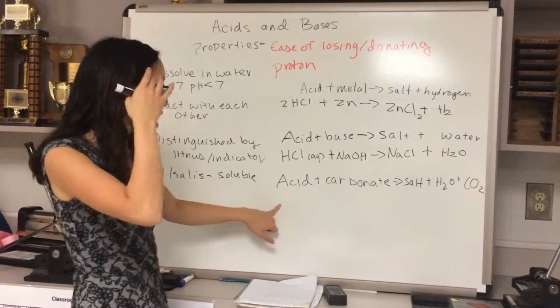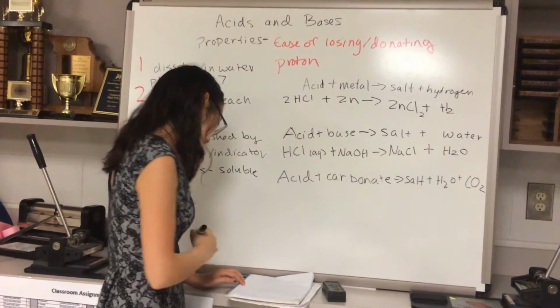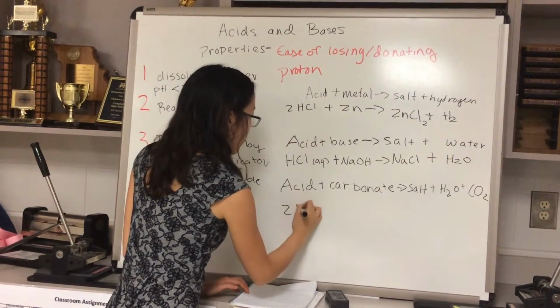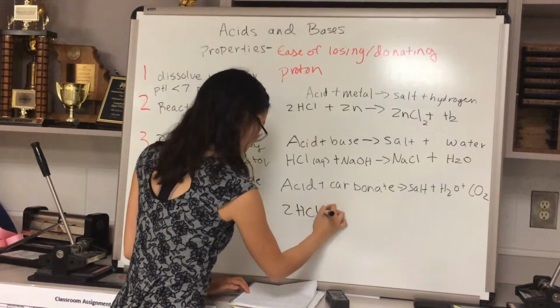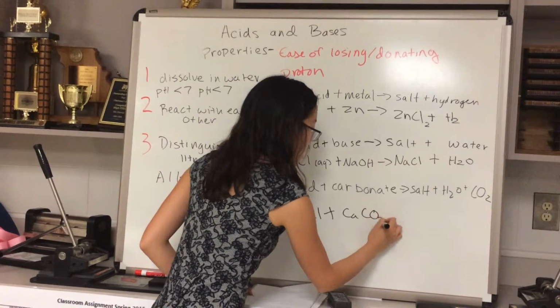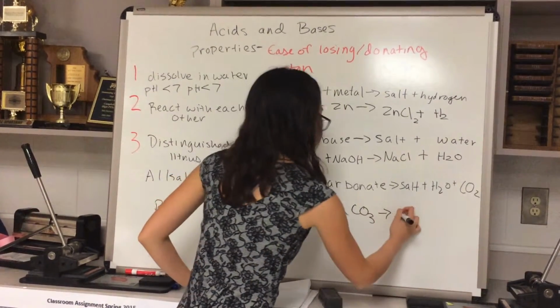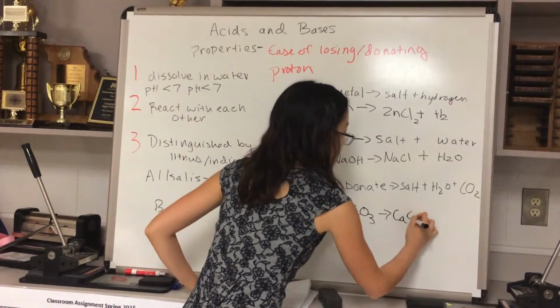Okay, and finally we have our acid and carbonate reaction. So I'm using hydrochloric acid again, plus our carbonate, calcium carbonate, which should yield calcium chloride, a salt.